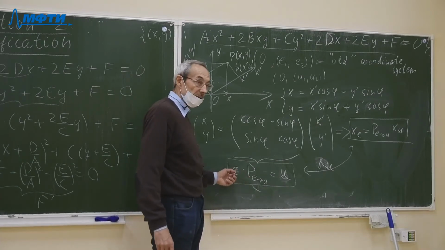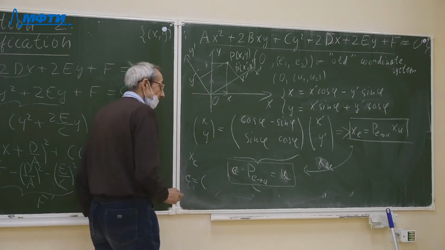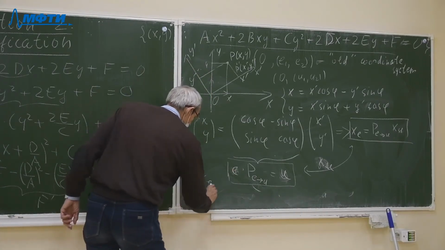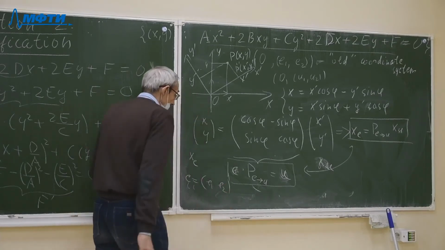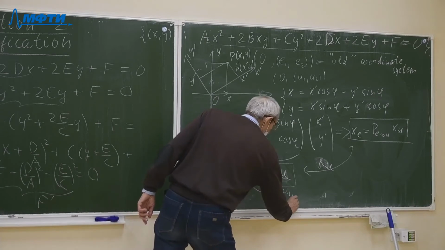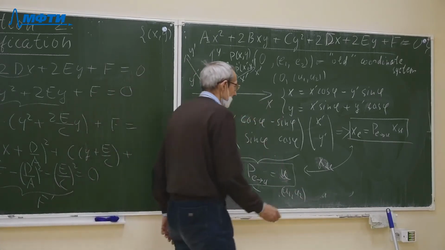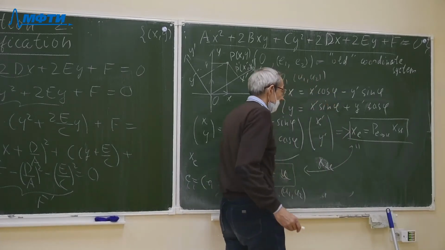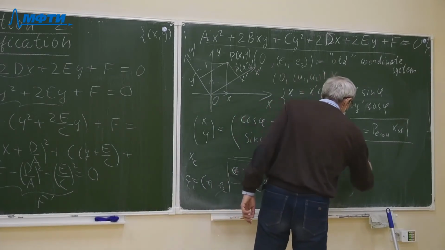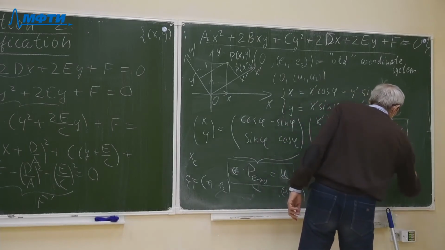Basis E is a matrix row E1, E2, and U is also a matrix row U1, U2. XE is a matrix column x, y, and XU is x prime, y prime.